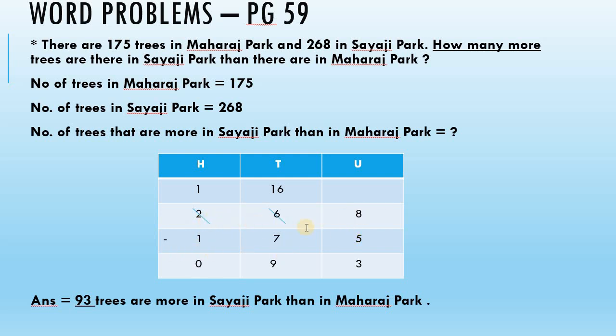So 268 minus 175, 8 minus 5, 3, 6 you convert into 16, 16 minus 7, 9 and 1 minus 1, 0. 93 trees are more in Sayachi Park than in Maharaj Park. Now the statement here boys, how many more tells you that it is a subtraction problem, okay?